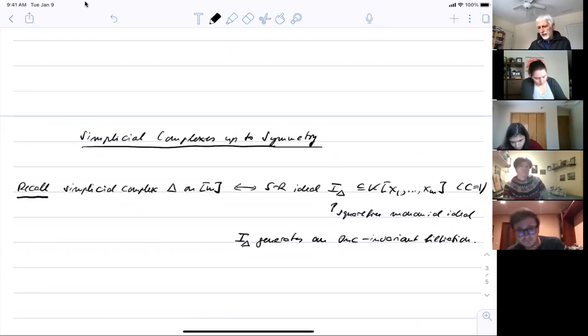And if it happened that the Stanley-Reisner ideal was invariant under permutations on M letters, we could also generate a sim-invariant filtration.